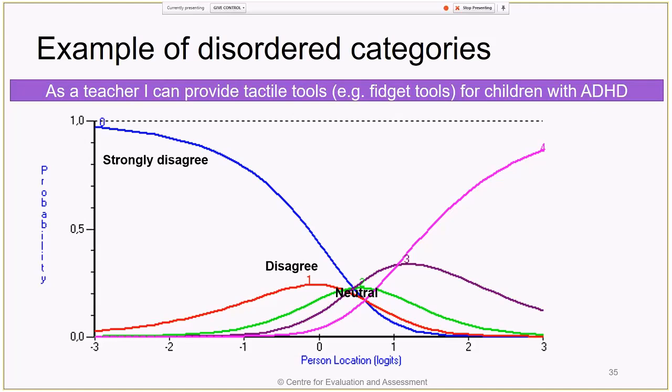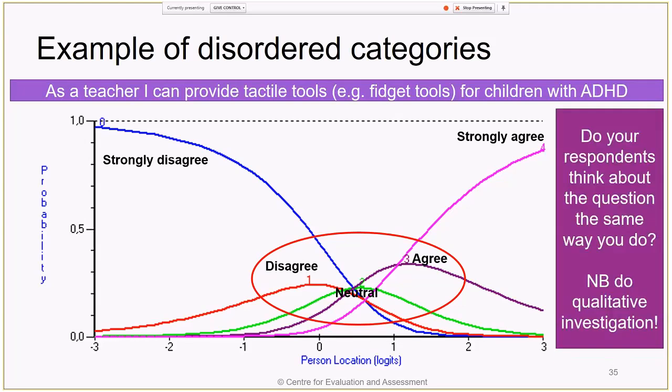She could have said she's neutral, she could have agreed, or she could have strongly agreed. And immediately what you notice here about the categories is that the ones in the middle are disordered, and neutral is especially malfunctioning. So whether or not a teacher can provide tactile tools, they can't really say they're neutral about that. So you need to ask yourself, do your respondents think about questions in the same way you do?